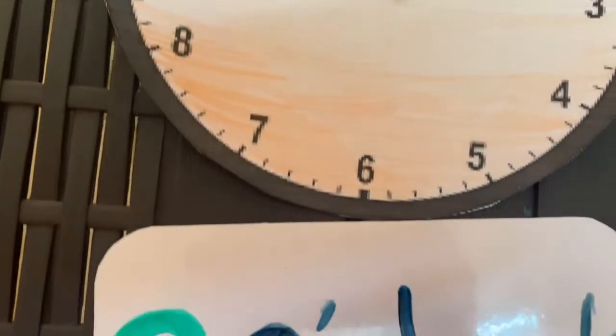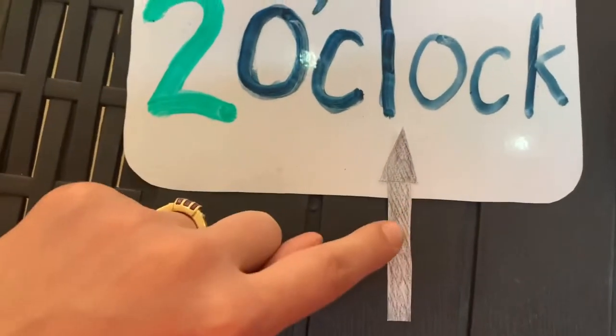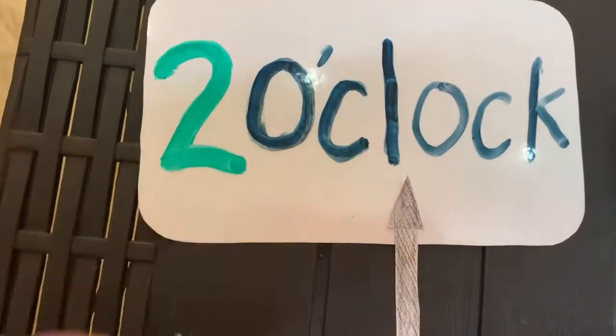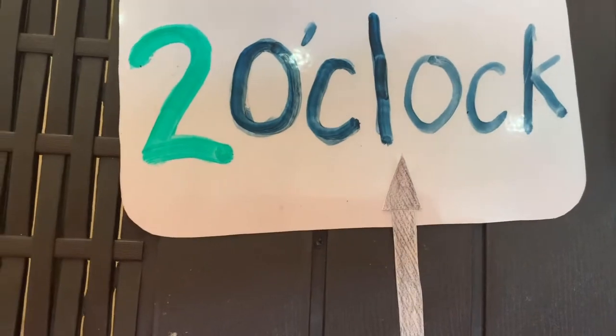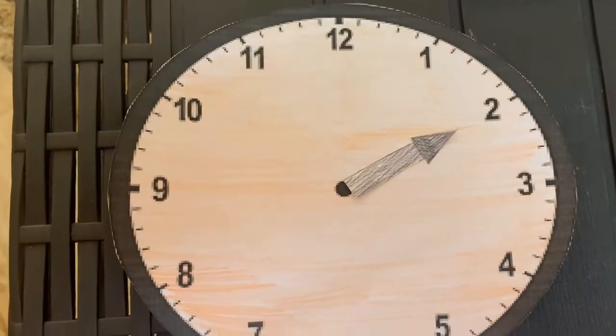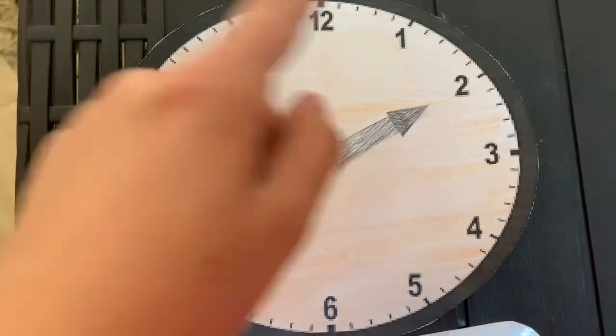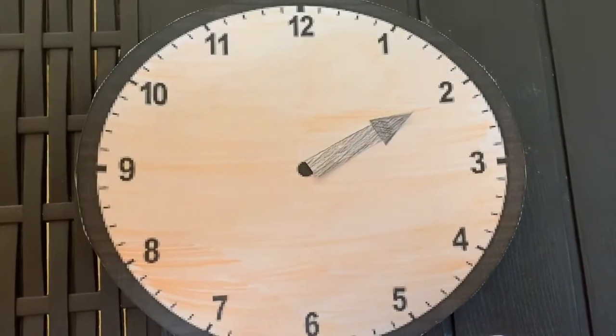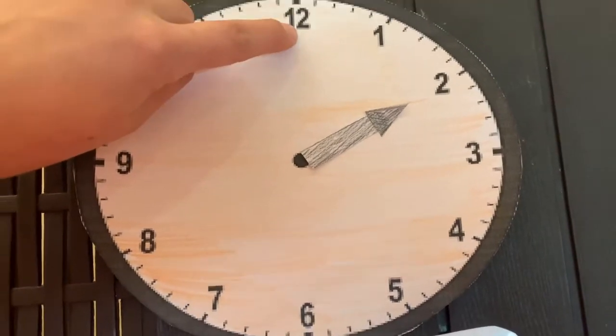Let's see the big hand. The big hand is going to o'clock. What do we mean by o'clock? What is the number that means o'clock? The biggest one. Where is the biggest number? 12. Bravo.